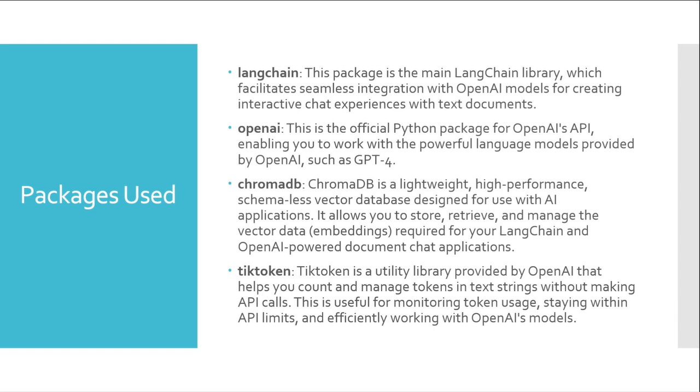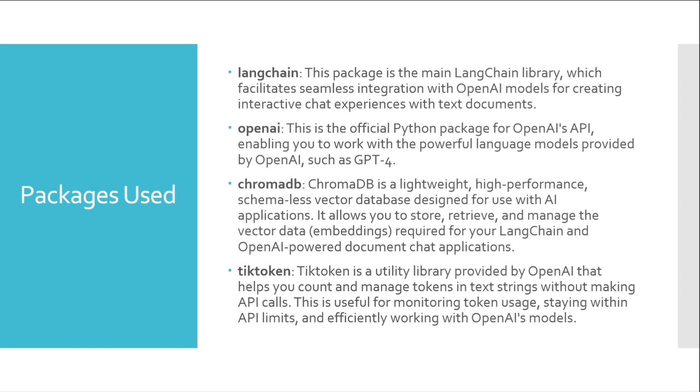It enables you to work with the powerful language models provided by OpenAI, such as GPT-3 or GPT-4. The third one is ChromaDB, a lightweight, high-performance, schemaless vector database designed for use with AI applications. It allows you to store, retrieve, and manage vector data required for your LangChain and OpenAI powered documents application.